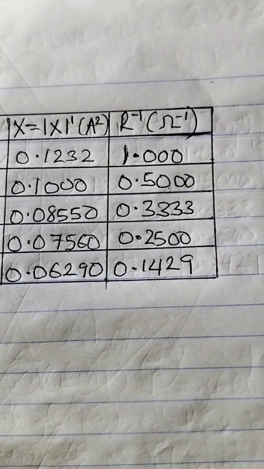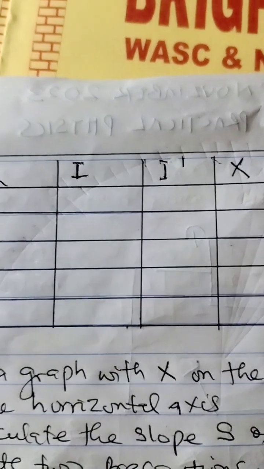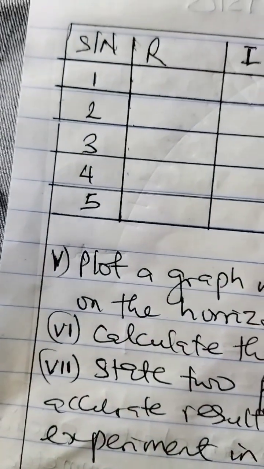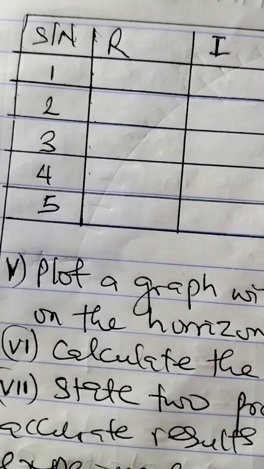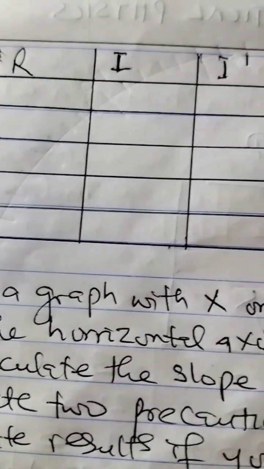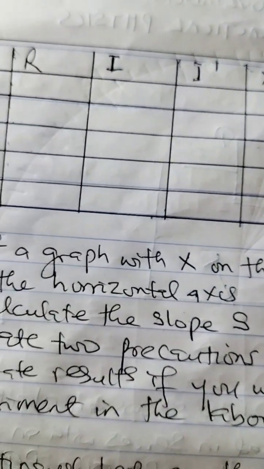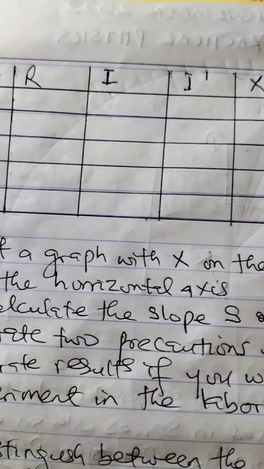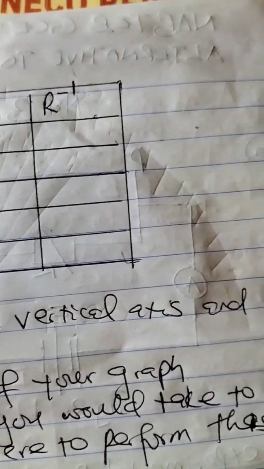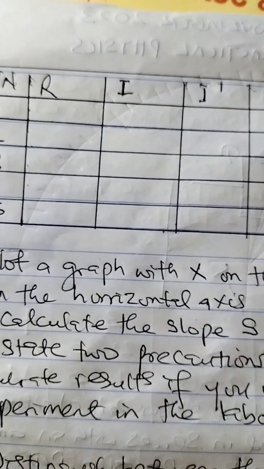So we are now going to the graph. Go to question 3V. It says plot a graph with S on the vertical axis and the inverse of R on the horizontal axis.